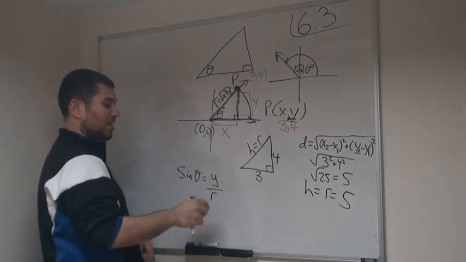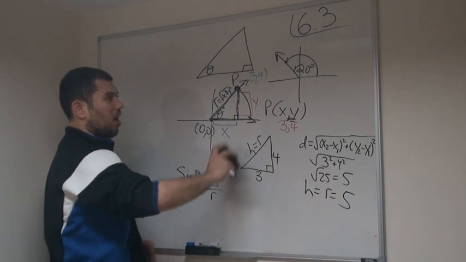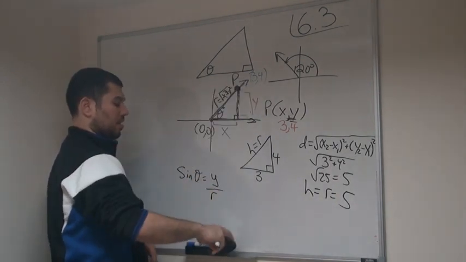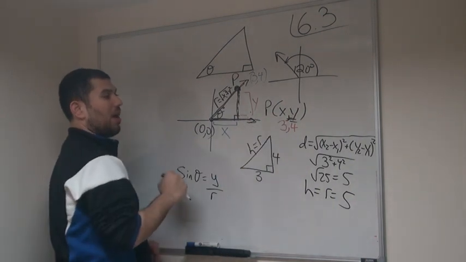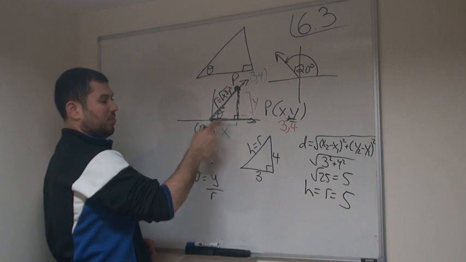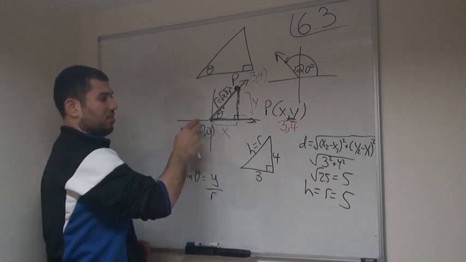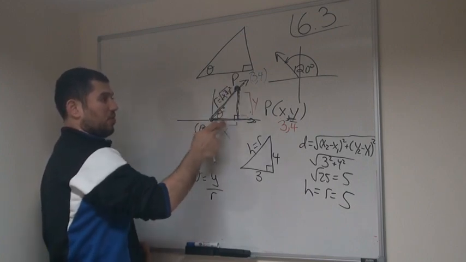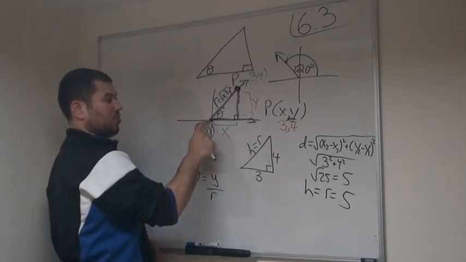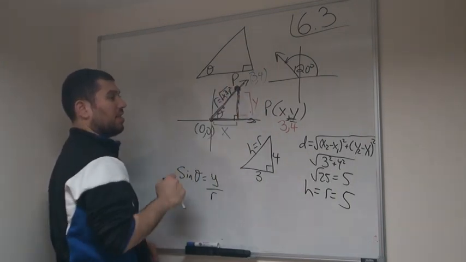If I'm defining a point on my terminal side as P, and that P has an x and y value, and the x value is the horizontal displacement, or the distance I traveled from this point to this point horizontally, and y is the vertical displacement, the distance I traveled from 0 up to get there.